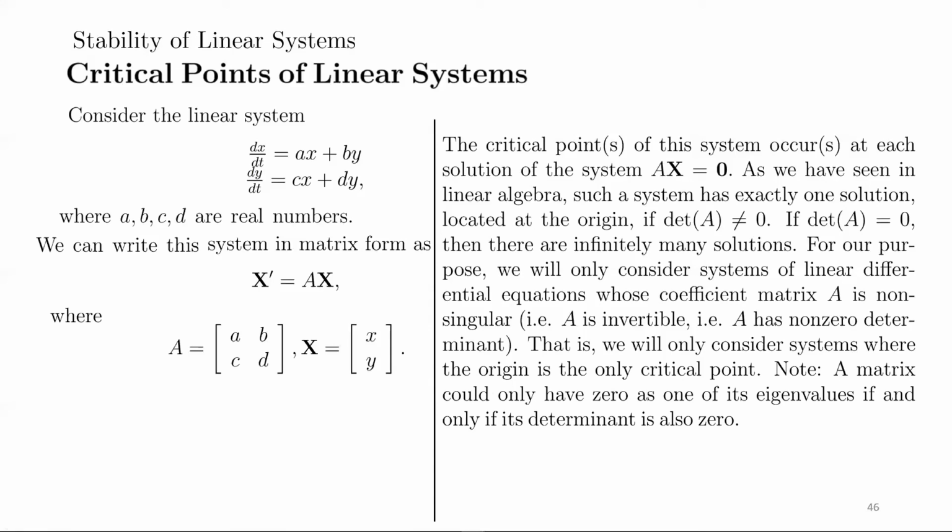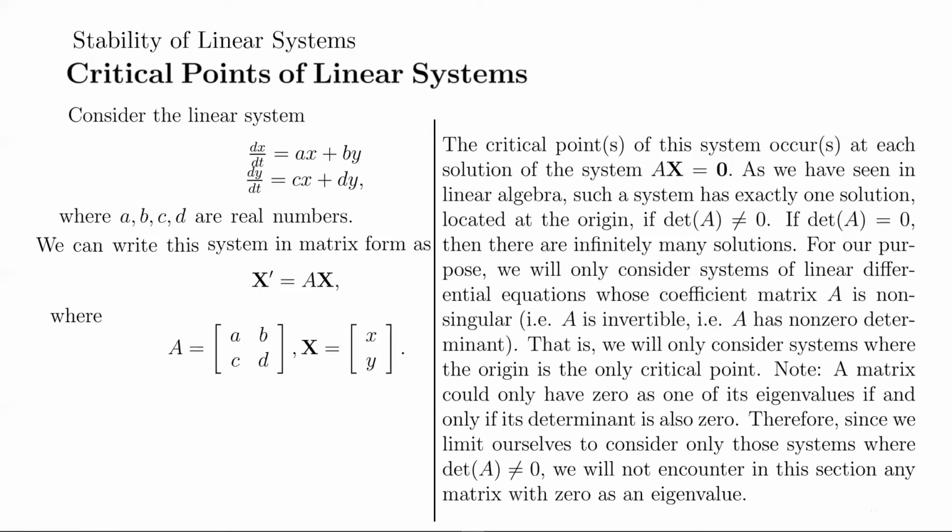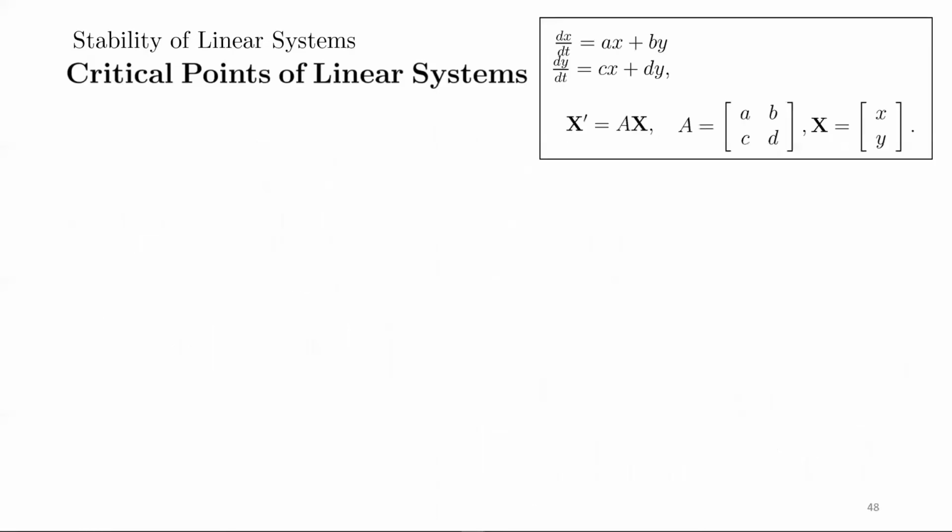So the origin is the only critical point. And the determinant of A not equal to 0 implies that (0, 0) is the only critical point of our system.